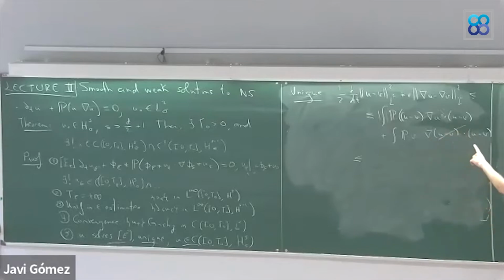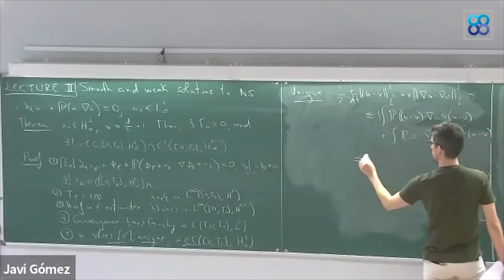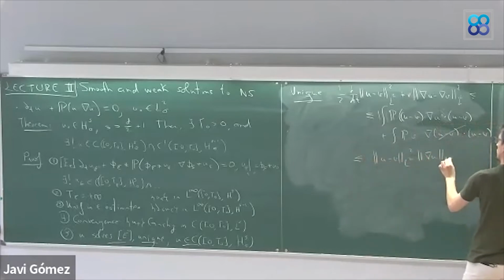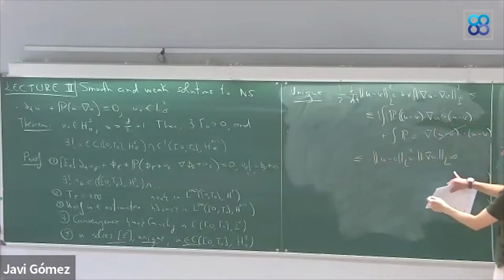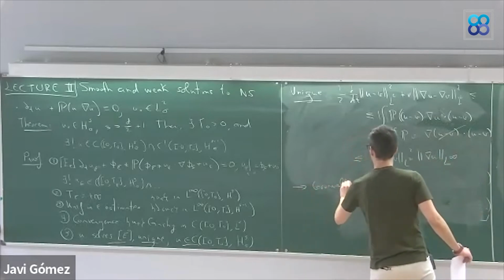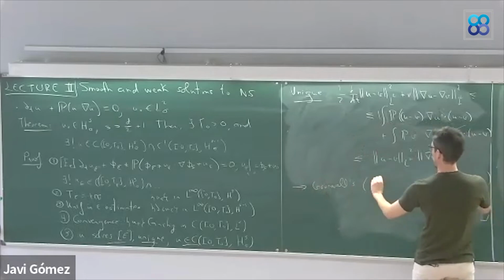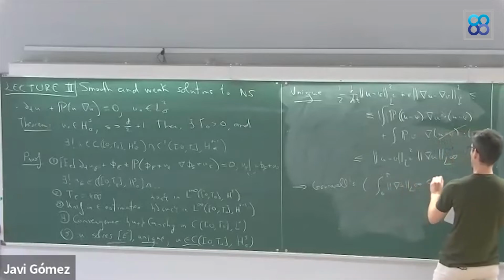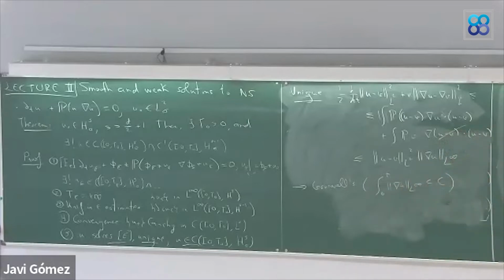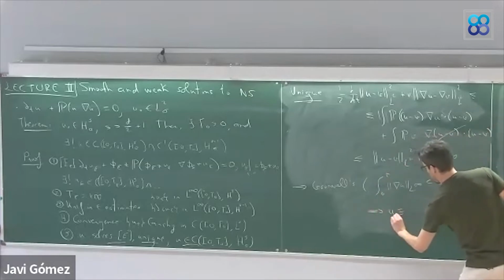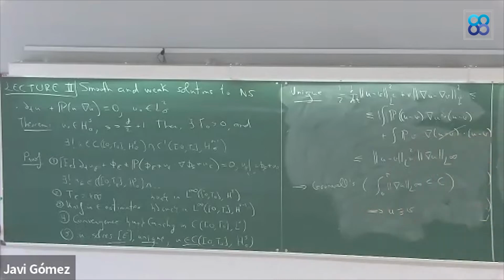We used this a lot the other day, and this one we can just bound, L2, L infinity. And now by Gronwall, since we have Gronwall, we can use that we have this quantity. So because this is 0 times 0, we conclude that the solution is unique.